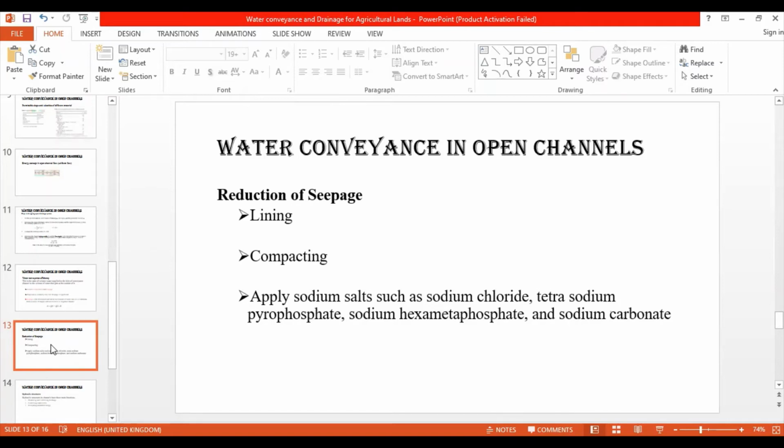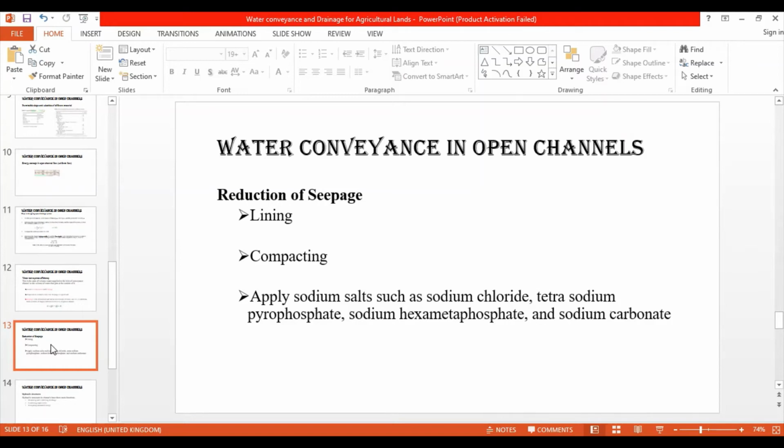Others put plastic, others put different types of materials to line the channel. Others do it by compacting the soil in the channel so that there are fewer holes which water can penetrate through.